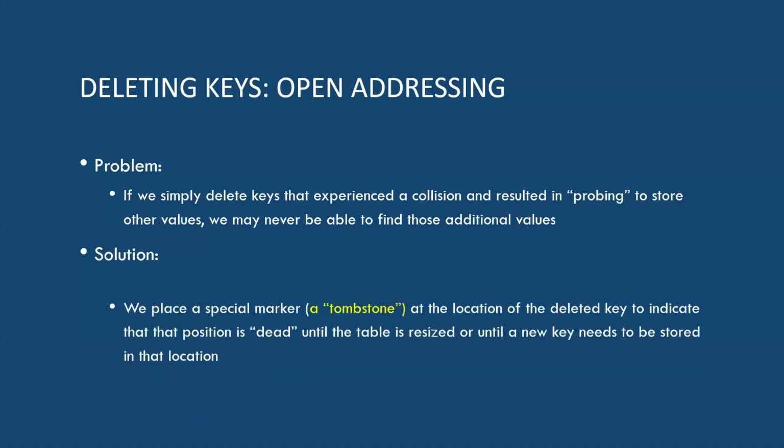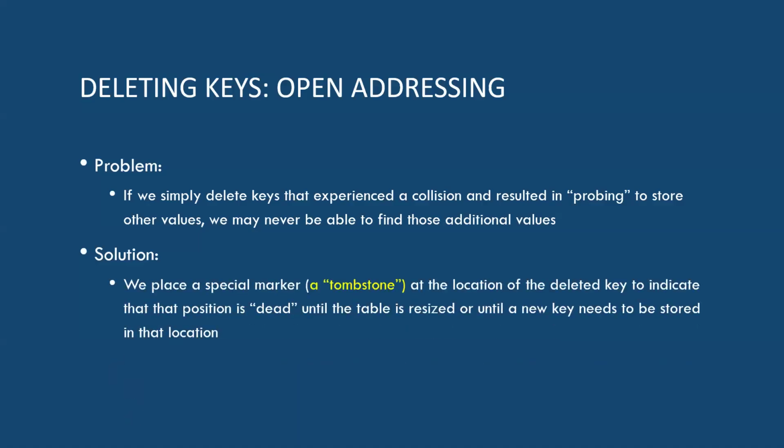So one solution is to place a marker everywhere we delete something. We often call that a tombstone. It's some kind of value or setting, maybe a Boolean value in some data structure, that indicates there's nothing there, but don't treat it as an empty space. We have to keep probing over the top of that tombstone to potentially find the key that we're looking for.